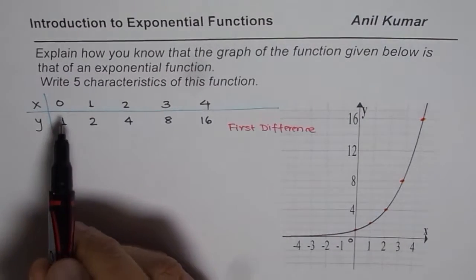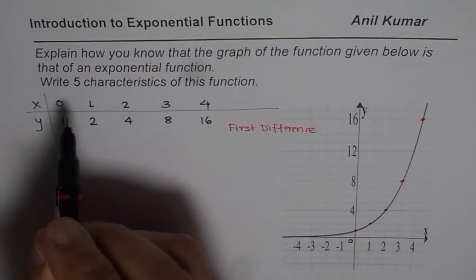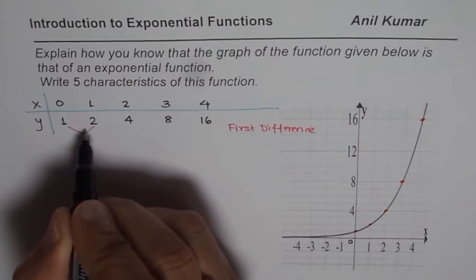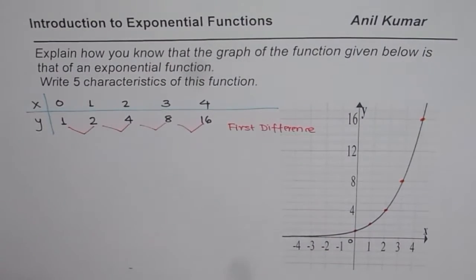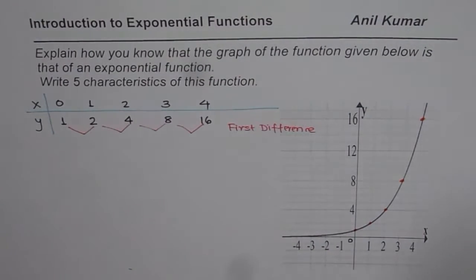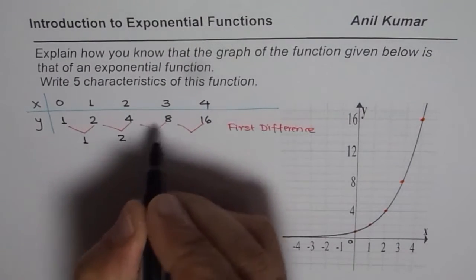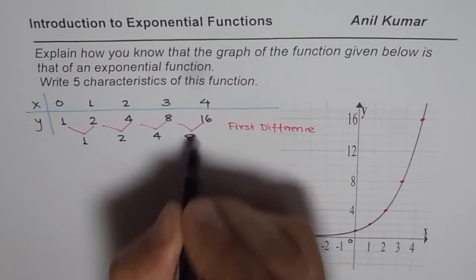First difference is, for every unit change in x value, by how much does y change? That means y2 minus y1, right? So we'll do 2 minus 1, 4 minus 2, 8 minus 4, 16 minus 8. 2 minus 1 is 1, 4 minus 2 is 2, 8 minus 4 is 4, 16 minus 8 is 8.